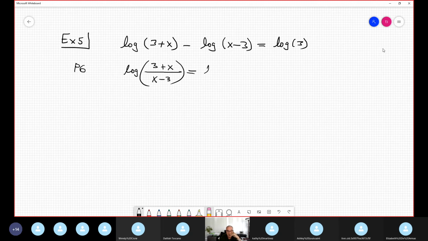On the right hand side we have logarithm base 10 of 3. In this case it was not necessary to condense this, because in this crucial moment, you have two logarithms, the base is the same, therefore the argument is the same, and the log word disappears.